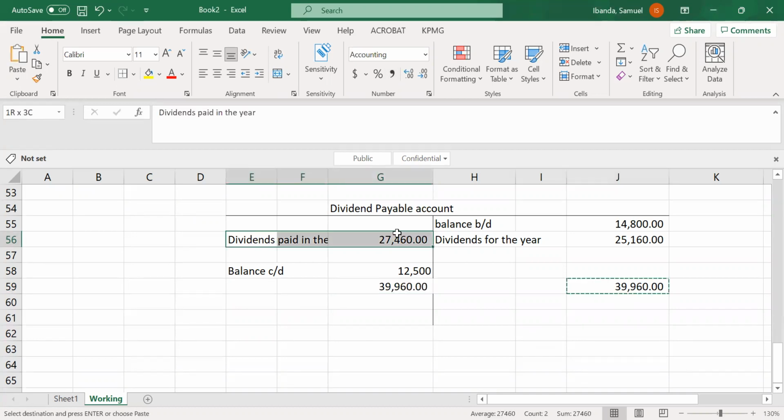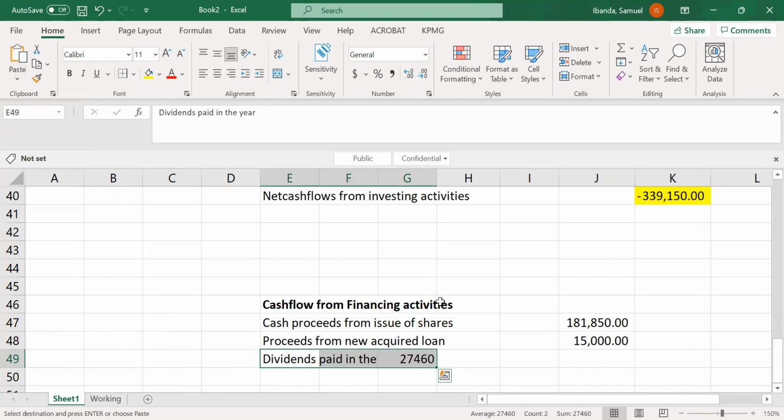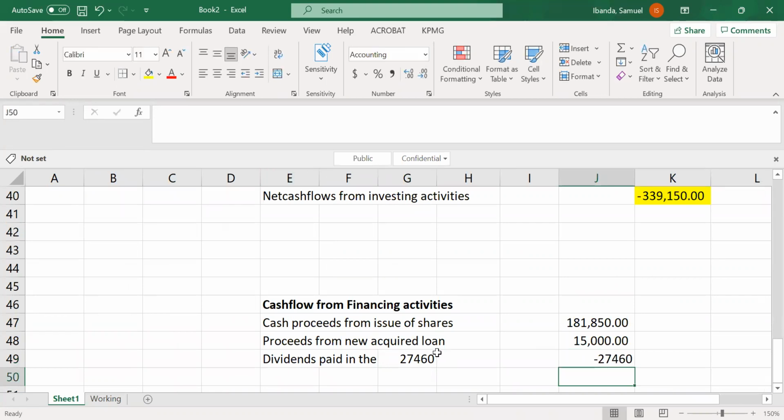So these dividends that were paid in the year, I come here and remove them. But there will now be a negative. I'll put it here and I'll put a negative on it because it's an outflow. Whenever you pay dividends out, they are an outflow.